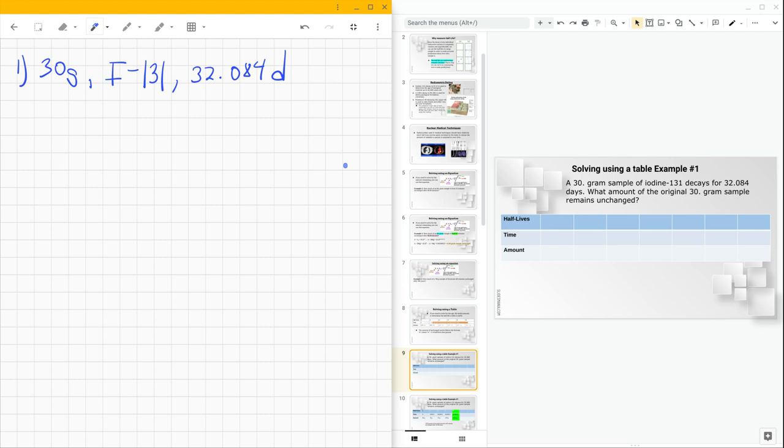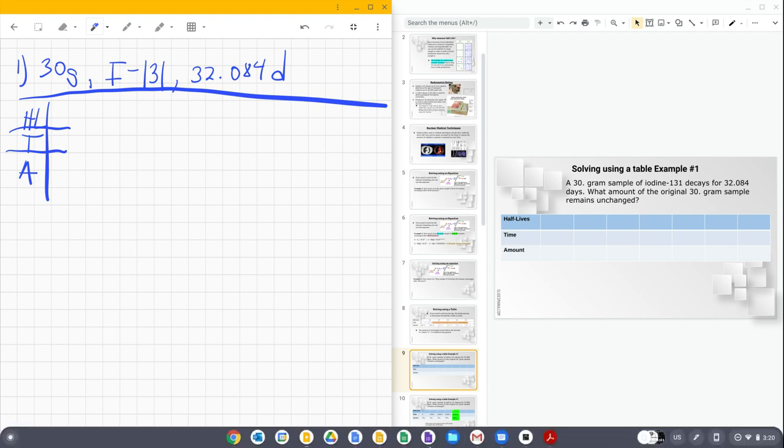Okay, they want us to figure out how much of the original sample is still remaining. Okay, so first let's set up the table. Half-lives, time, and amount.